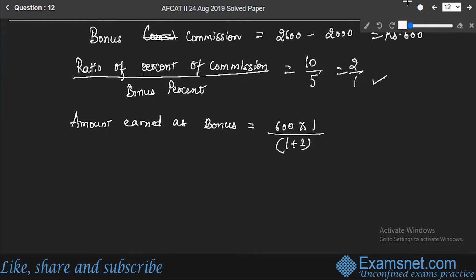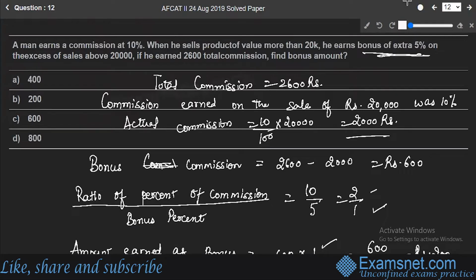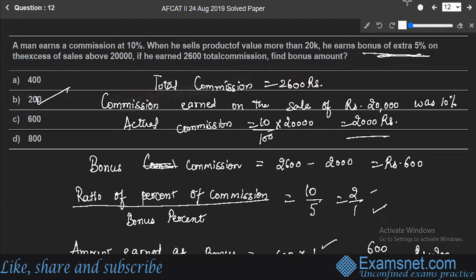Why 1? Because this 1 is a part of the total. Out of 2, 1 part is for the extra bonus, and the total is 1 plus 2. So this will be 600 upon 3, or 200 rupees. This is the extra bonus that he has earned. So the answer is rupees 200. Let's check the options. Option B is the correct answer. Hope this is clear. Let's move to the next question.